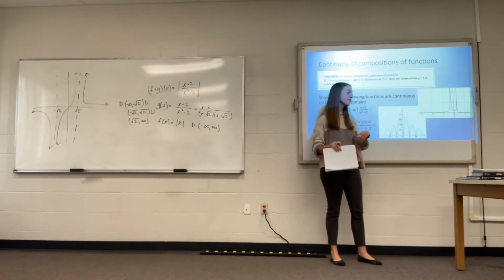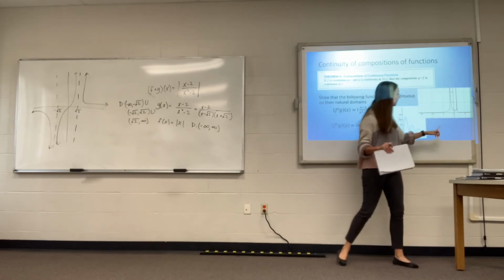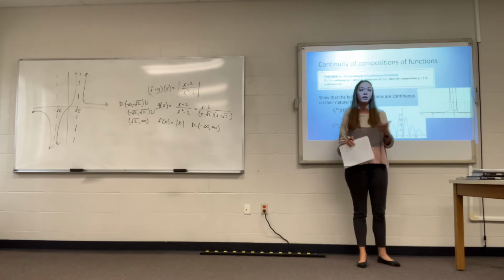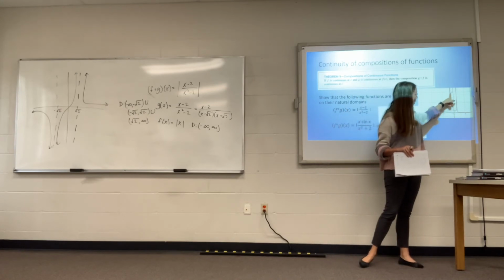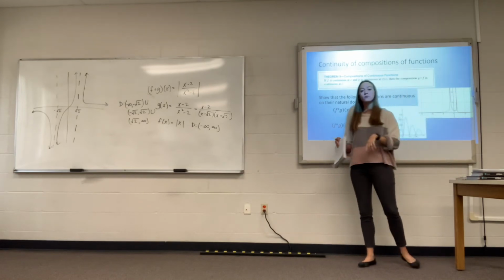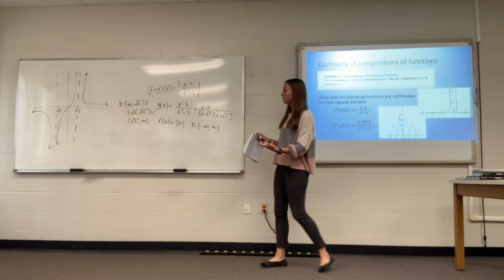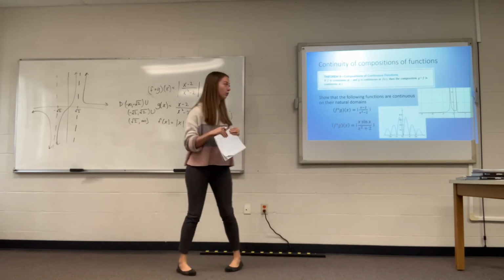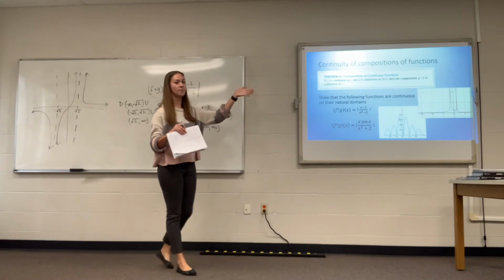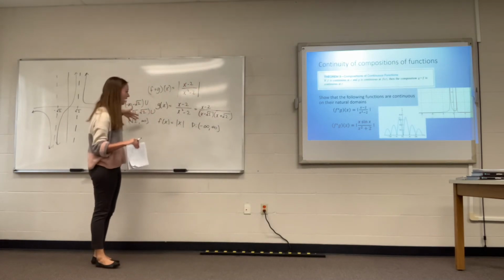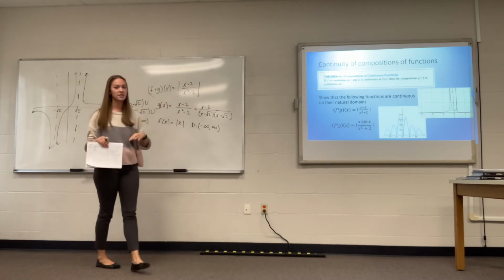If I look at this graph real closely, even though it looks kind of wonky, I have two asymptotes, one going up right here and one going up right here. And those are actually at negative square root of 2 and positive square root of 2. Okay, so that one has the same asymptotes as what I have over here. So it would be continuous as well.